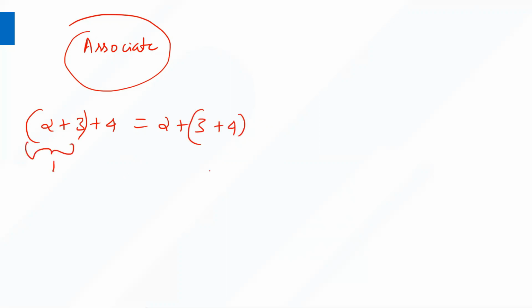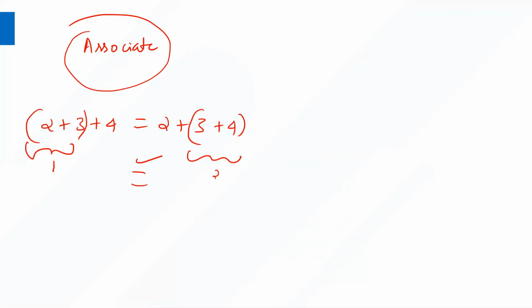Let us take an example here. 2 plus 3 plus 4 is equal to 2 plus 3 plus 4. See, I am grouping some other numbers here, but both of them are equal. That is what the associative property states.